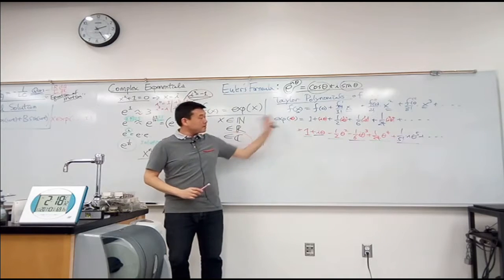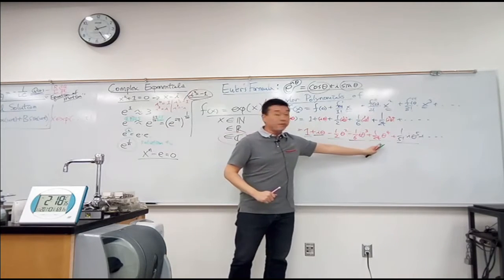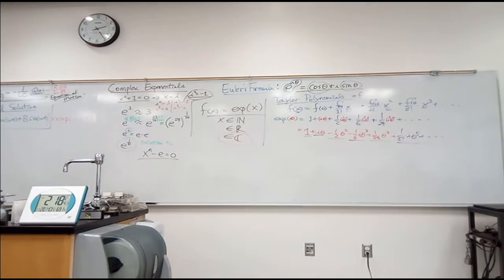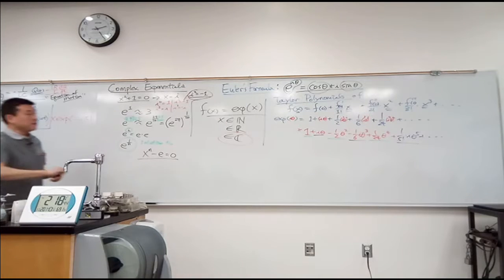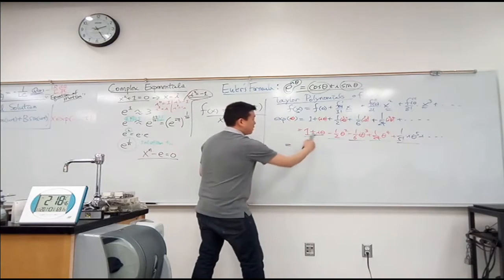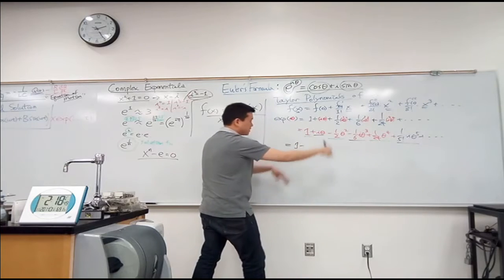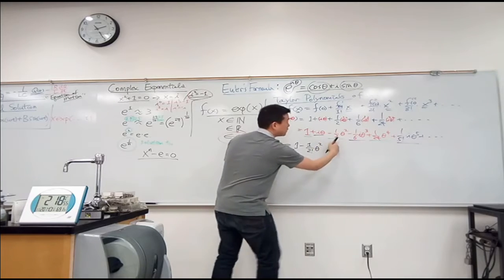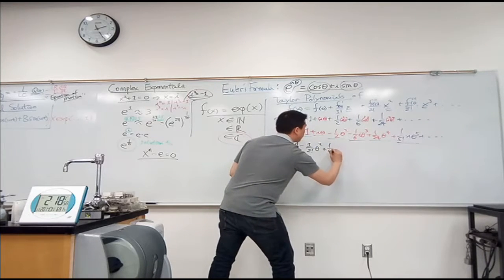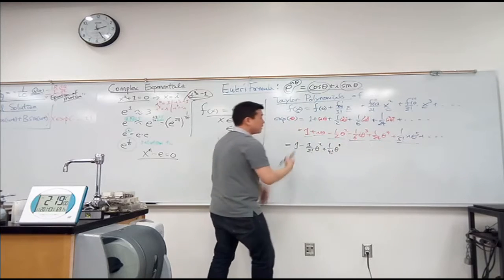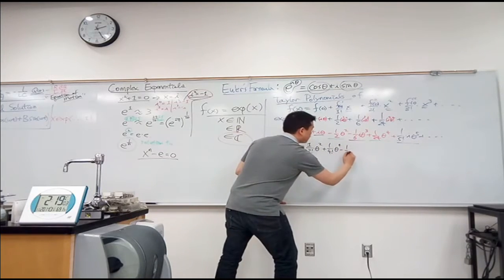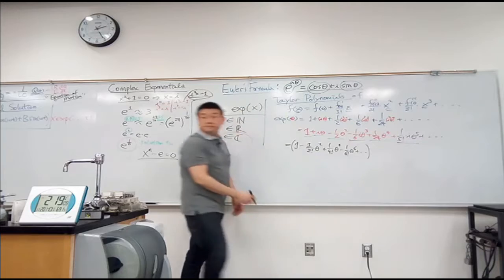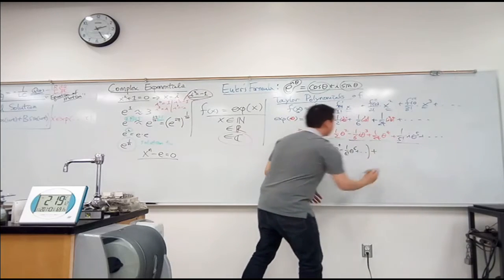So let me separate this out into the terms that are real and the terms that are imaginary, and see if we recognize anything. These are the terms that are real: 1 minus, I'll write it out in terms of factorial again, 1 over 2 factorial theta squared plus 1 over 4 factorial theta to the 4th, and if we keep going, minus 1 over 6 factorial theta to the 6th, and so on. Plus the imaginary terms.